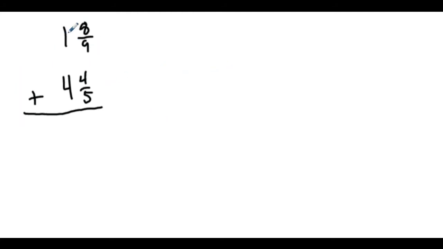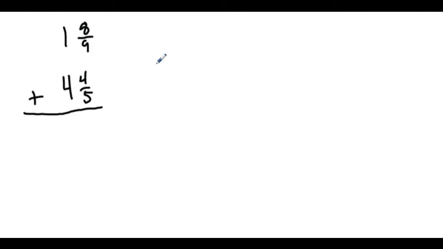Let's take a look at 1 8/9. When we're estimating fractions, we don't estimate the whole number, it's already there. So what we estimate is a fraction. So let's compare 8 and 9. 8/9. The 8 is very close to 9. It's much closer than halfway or 0. So 8/9 can be estimated to 1.